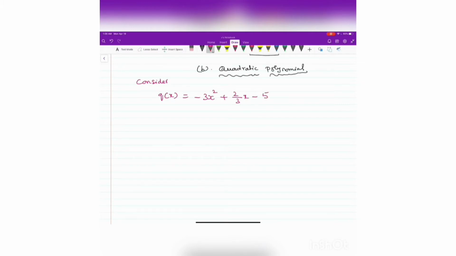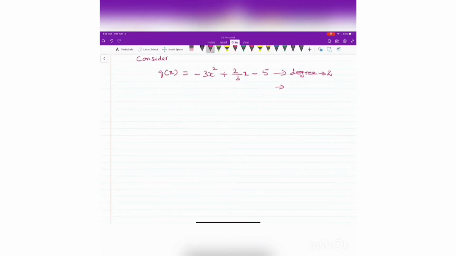If you see, the highest power of x is 2. So in this place, the degree is 2. So in a polynomial, if the degree of that polynomial is going to be 2, then that polynomial is called a quadratic polynomial.